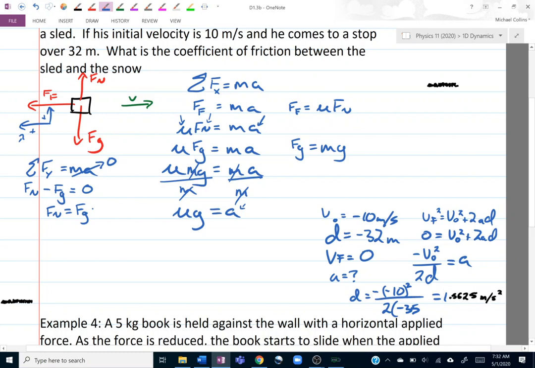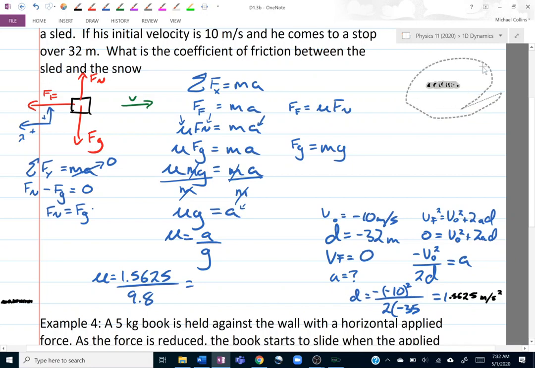I can now solve for mu. Mu is equal to a over g. Again, if I plug my numbers in, mu is equal to 1.5625 divided by 9.8. I get 0.159.